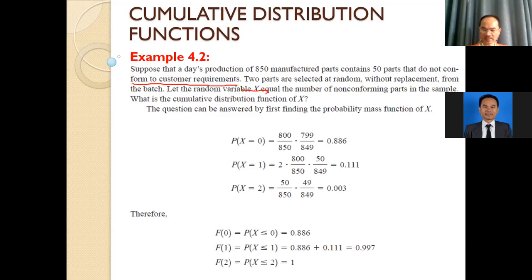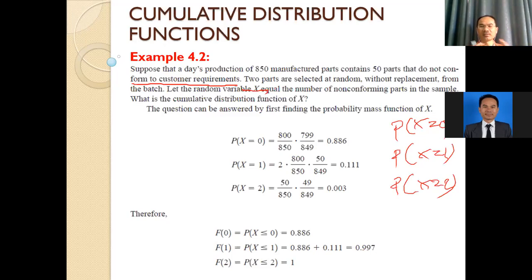We have 3 possible cases: X equals 0, X equals 1, X equals 2. We sample 2 parts from 850.